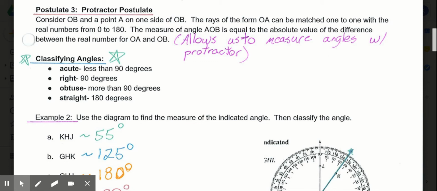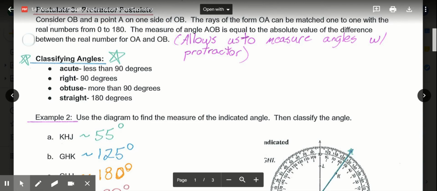And a straight angle is 180 degrees, or think of it like a flat line, or a pair of opposite rays. So those 4 terms are 4 classifications of angles. So if you're ever asked to classify an angle, it means classify it as acute, right, obtuse, or straight.